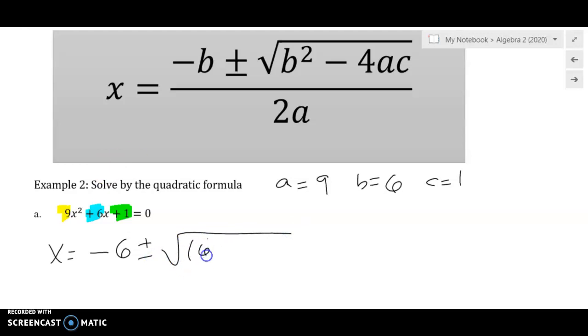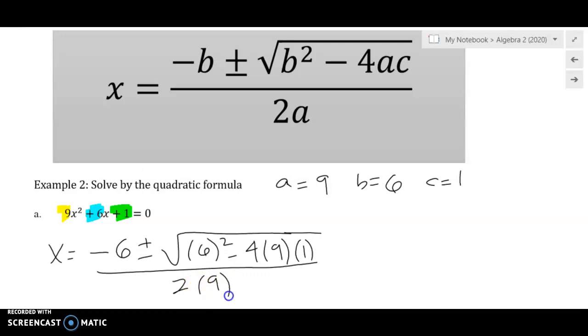So I'm going to do b, which is 6, squared, minus 4, following the formula, times a, which is 9, times c, which is 1. And then this is all over, see how I put that division bar? All over 2 times a, which is 9 in this case.